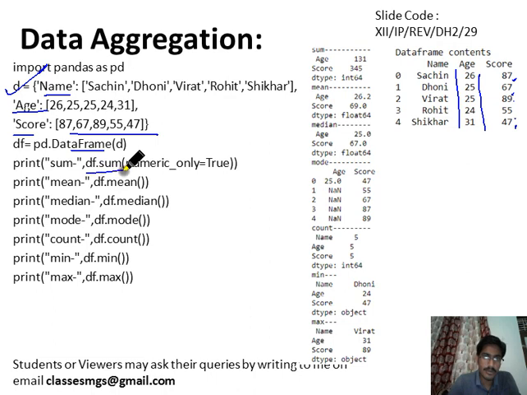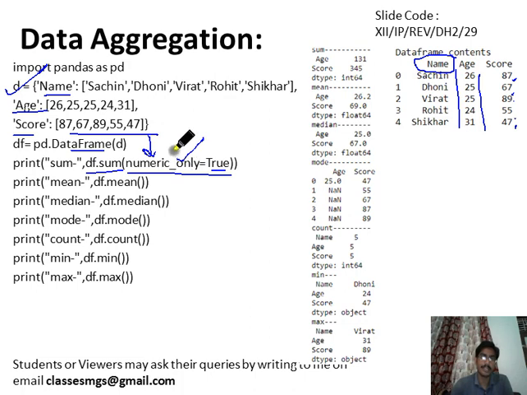Let's suppose df.sum with numeric_only equals True. By default df.sum will apply column wise, because axis will be 0. So for each column, the sum of each column will be displayed. Name is a column that doesn't have any integers, so we are passing the argument numeric_only equals True. Otherwise it will return the name and then a NaN value.